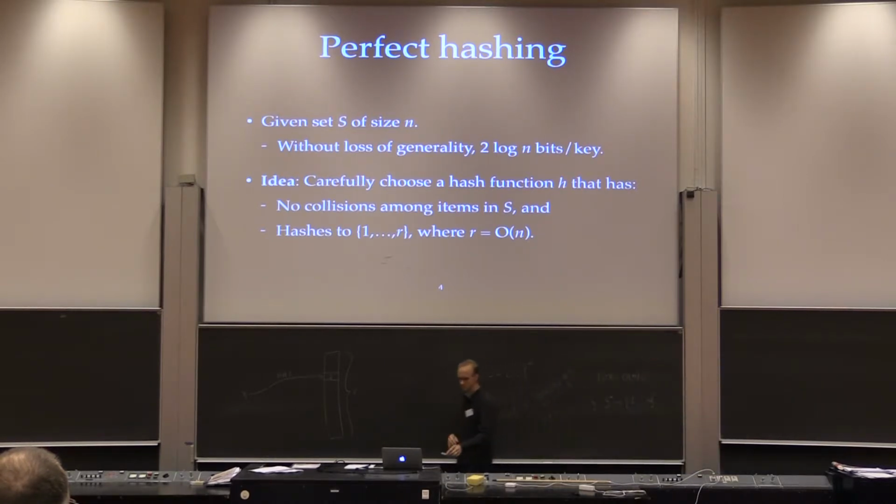So if we can store this function in an efficient way, so this is a pretty big set, right? It has size n times w. So we don't want to spend too many bits per key here, but such a value only uses log w.